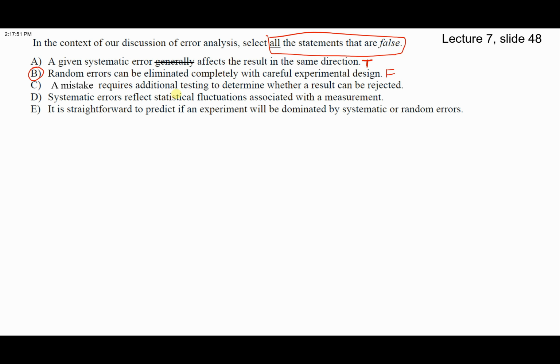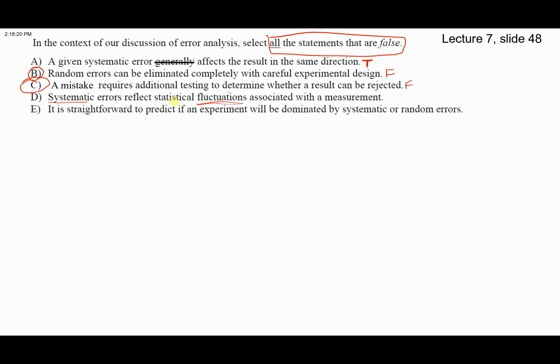A mistake requires additional testing to determine whether a result can be rejected. Well, if you made a mistake and you spilled something, you saw something break, you don't need additional testing, right? You know a mistake is already bad, and that can be eliminated. Systematic errors reflect the statistical fluctuations associated with a measurement. Systematic errors, right? That's always one direction. This is fluctuation, so we're talking about random errors.